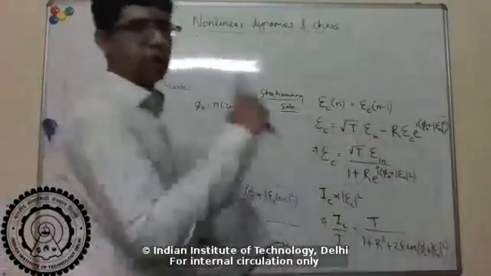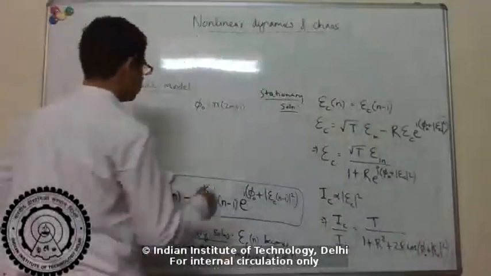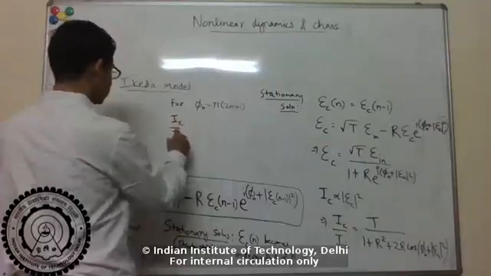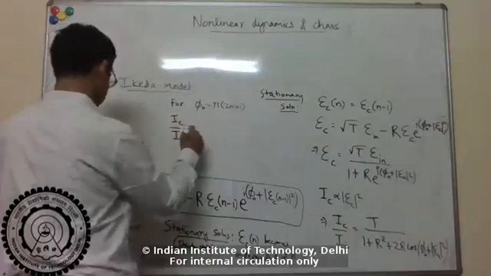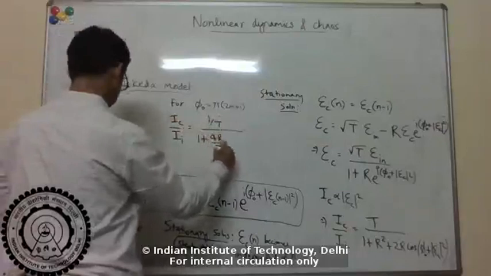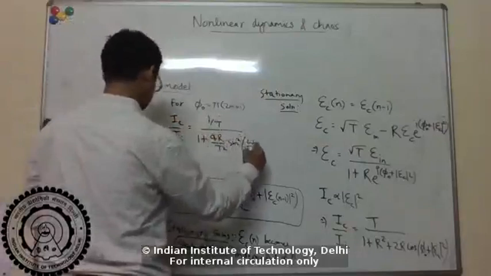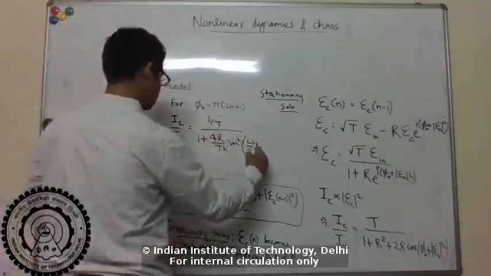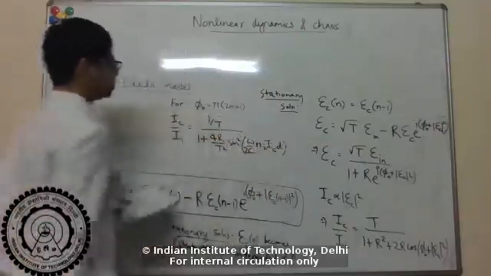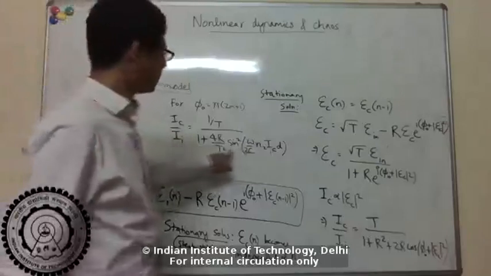And then it becomes the same as what we had for the bistability case in a Fabry-Pérot cavity. So for this, you can see that IC over I input becomes the same thing that we had. Again you have IC here and then IC in the argument.